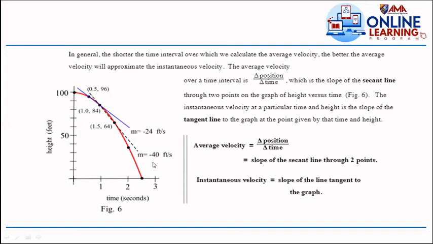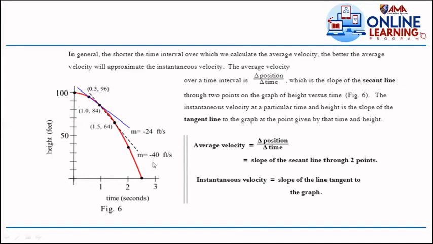The average velocity is what we call the slope of the secant line, whereas the instantaneous velocity from negative 24, okay, to negative 40, is what we call the slope of the line tangent to the graph. So tulad po doon sa example natin ng una, doon sa tatlong tangent line, dapat yung tangent line natin ay mas malapit siya doon sa point of reference po natin.